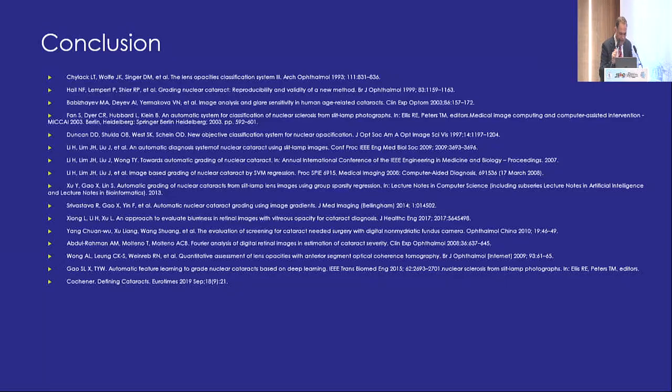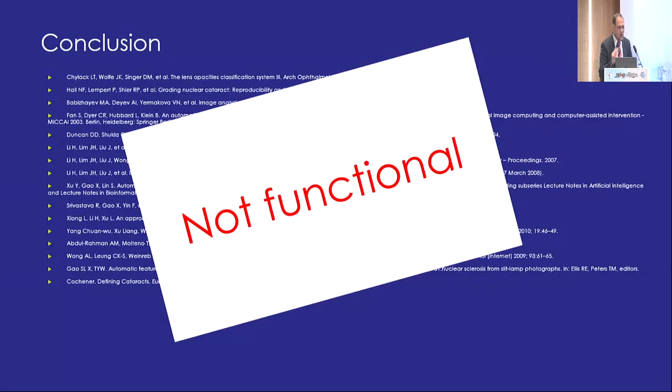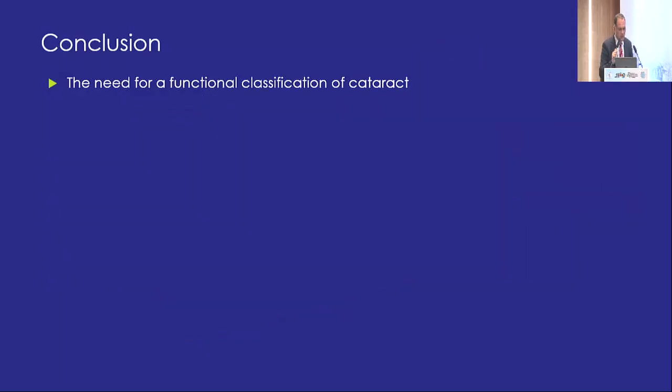And the new classifications also are trying to approach the structure of the lens, not the functional. So we do need a functional classification, a functional definition, like that of dry eye, which has the function of the eye in it. We do need this now. Thank you very much.